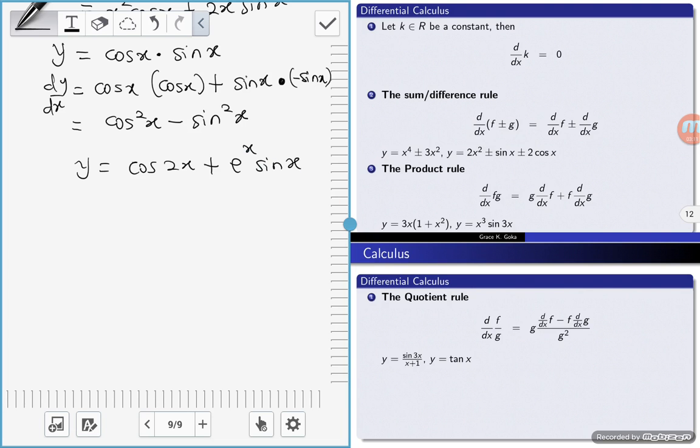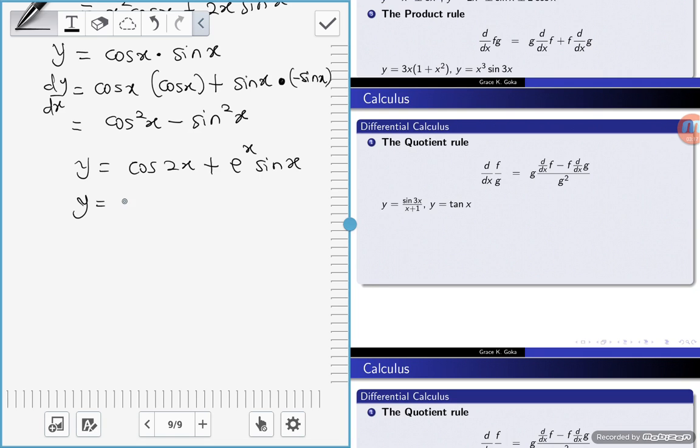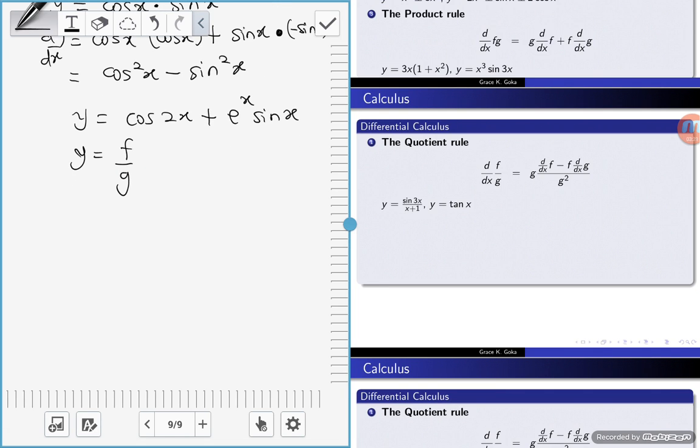Alright, now what if the function is in a fraction form? If y is equal to f over g. Now since this is in a fraction form, to find dy dx, we use the quotient rule.